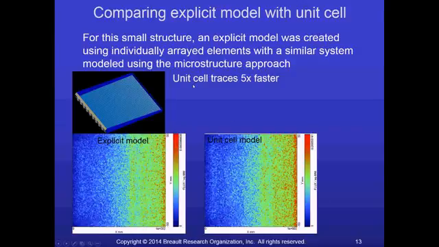The key difference in this particular case is that the unit cell approach traced 5 times faster. So again, exactly the same results, but with a significant saving in time for the ray trace, and also, and probably more importantly, in time necessary to construct the geometric representation initially.